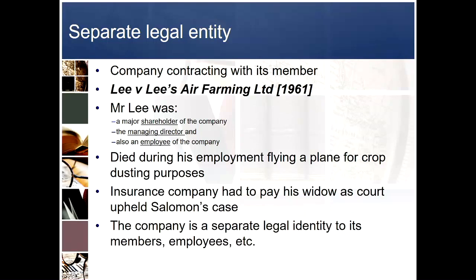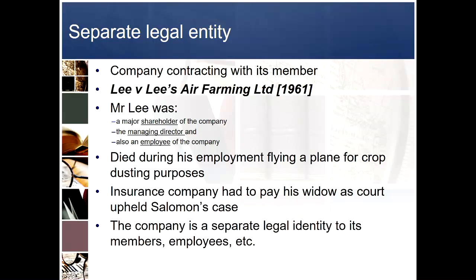And the test that the House of Lords, that the Privy Council applied, was not whether you can be both a director and employee. They accepted that you could be both a director and employee. They said, was the individual doing the work of the company?